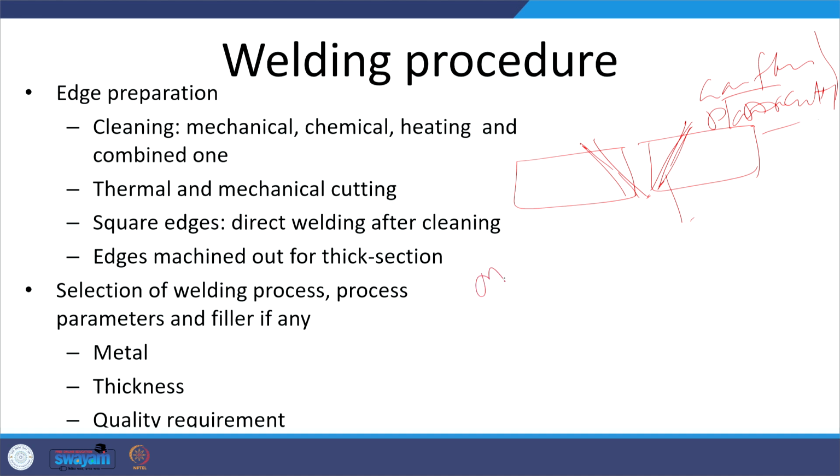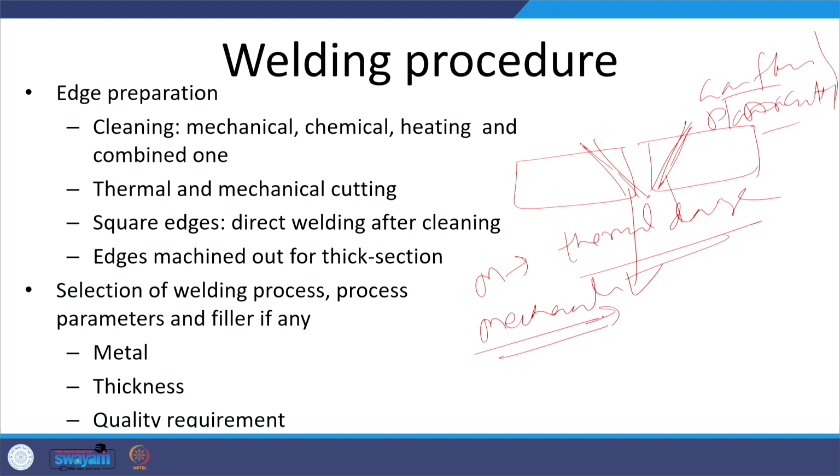So, if the metal is sensitive to thermal damage, then we need to avoid thermal cutting methods, because that will degrade the mechanical properties, develop residual stresses and increase the cracking tendency, depending upon the kind of metal. So, we have to go for the mechanical method of cutting.